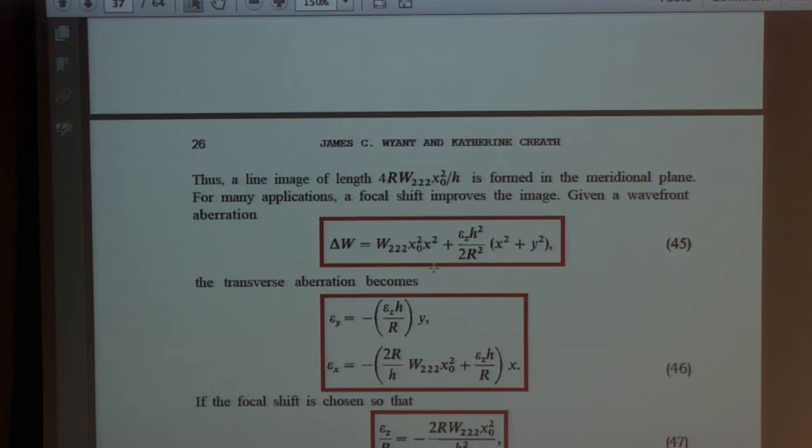And I probably want to introduce some focal shift. And so I can add in a focal shift here. So epsilon sub z, h squared over 2r squared times x squared plus y squared. And then I take derivatives again.